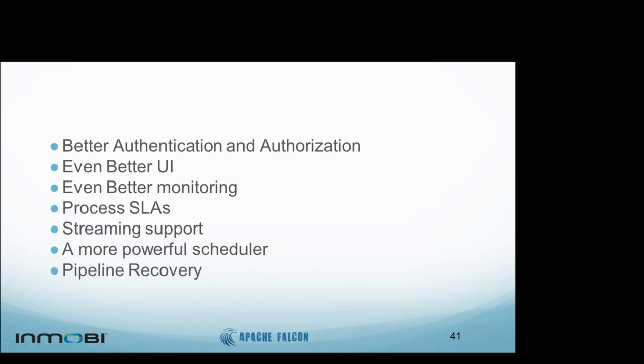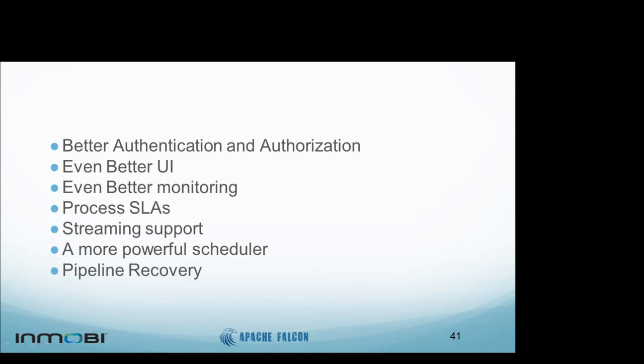And in the end, on the current roadmap, we are adding more features like authentication and authorization. We are adding more features to the UI, and also adding process SLAs for better monitoring. Like if the process doesn't start or doesn't end in the specified time, I want to get alerts. We are also planning streaming support. We are also working on a more powerful scheduler.